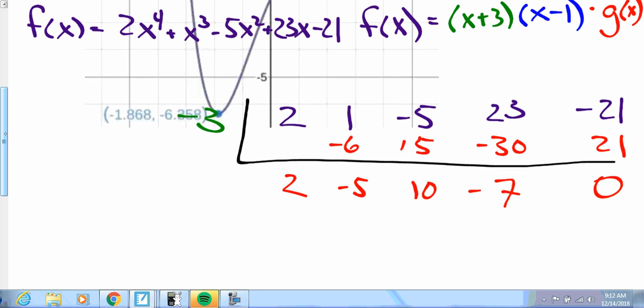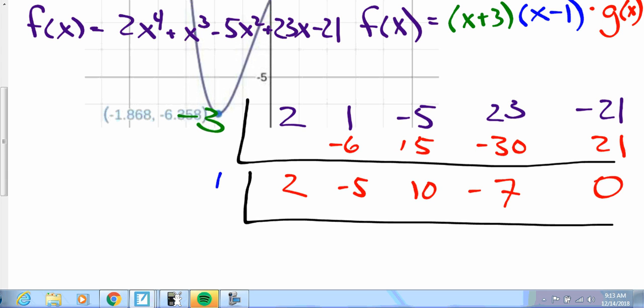Now I do the bizarro bar again. And I'll do that by positive 1. And then we'll do that in black now. 2 times 1? -5 plus 2 times 1, times 1 and 0.